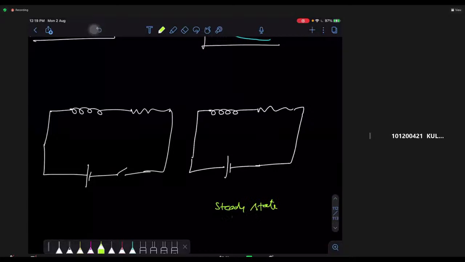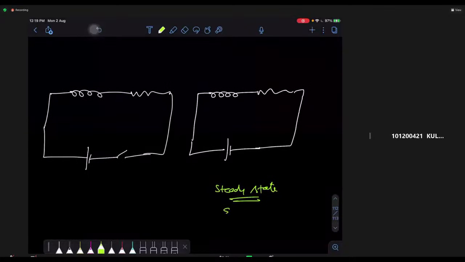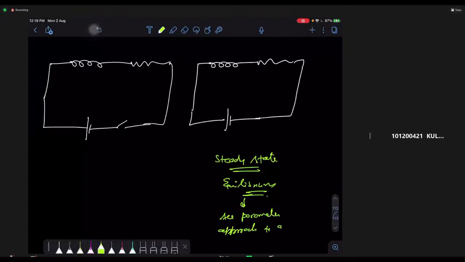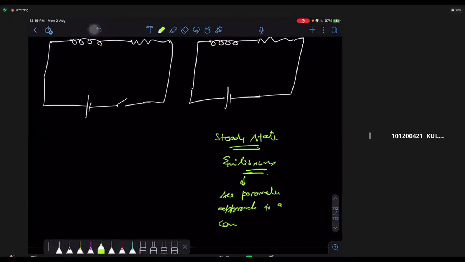And the steady state, just like the RC circuit, is a kind of equilibrium situation where everything approaches constants. All parameters approach a constant value.